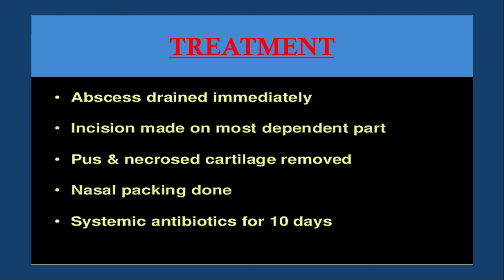Nasal packing is done with a half-inch ribbon gauze nasal pack impregnated with BIP, or if BIP is not available, then any antibiotic ointment is applied on the nasal packing, and the nose is packed on both sides. Systemic antibiotics are given for about 10 days.